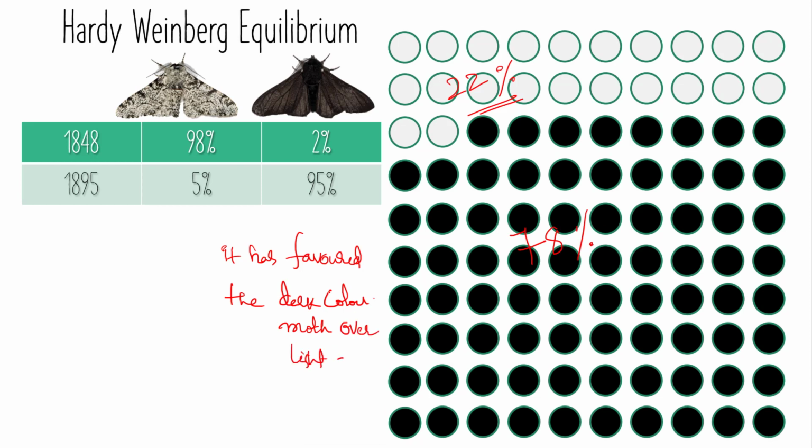This made the dark colored peppered moth genes to be inherited from one generation to another, which has successfully led to a mechanism of differential reproductive success, which has led to an adaptation.